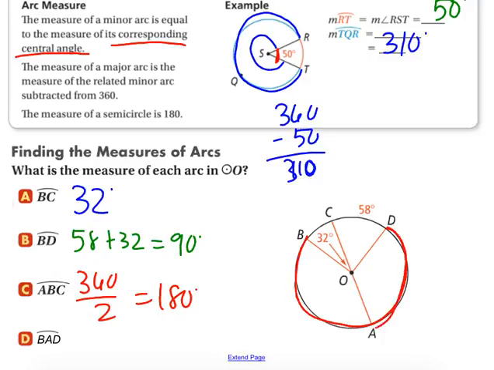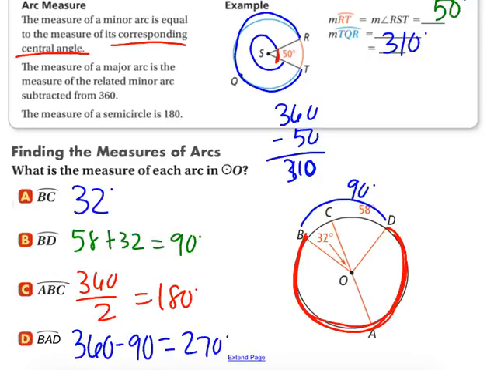This big guy over here. Again, we found that arc BD was 90, so can I just subtract 90 from 360? 360 minus 90 equals 270 degrees. So again, just remember that the arc measure corresponds to its central angle.